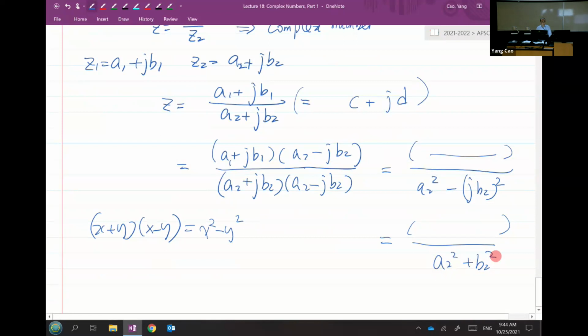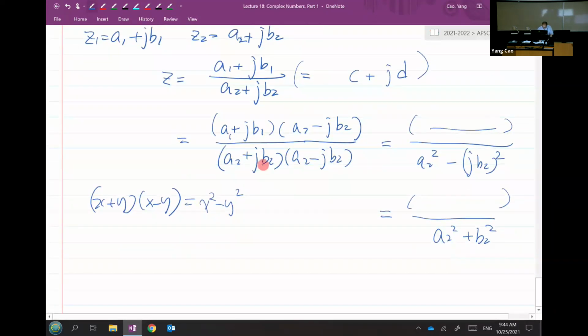Now the complex number in the denominator disappeared, right? It becomes a real number, a2 squared plus b2 squared. So that's the simplification you're making here to transform it into a standard complex number. Now, having illustrated this, let's see what you notice. On the bottom, what it really does is multiply z2 with z2's conjugate.